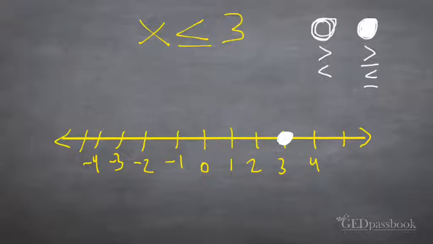What could X be? Well, what number could X be? Any of those numbers, right? It could be a 2, it could be a 1, it could be a 0, -1, it could be anything less than 3, which is why we shade in like this. And that right there, my friends, is how you graph inequalities.